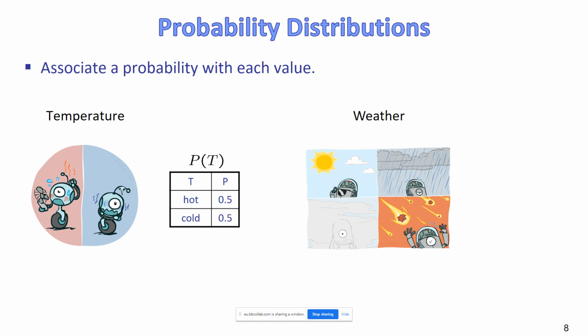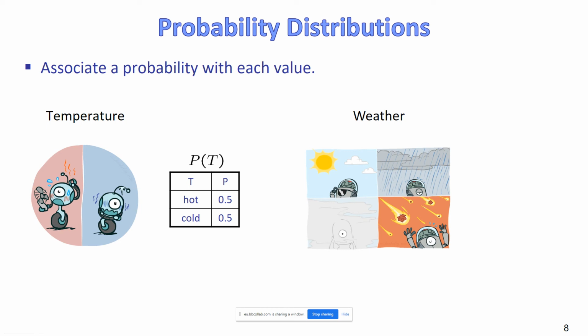So for example here, we have 0.5 for hot and 0.5 for cold. Usually and always we will represent probability distributions in a table like that. And as you notice, T here is capital, which means a random variable.